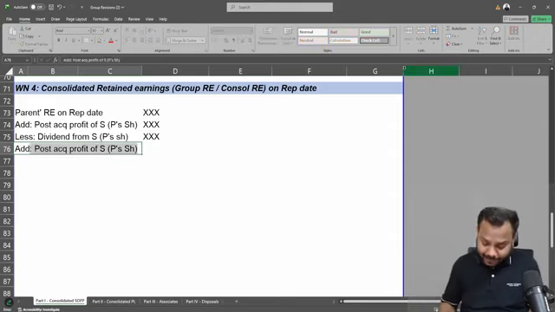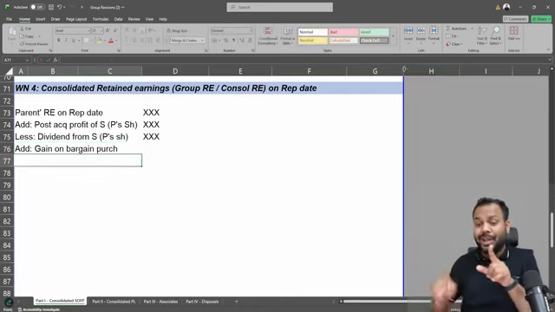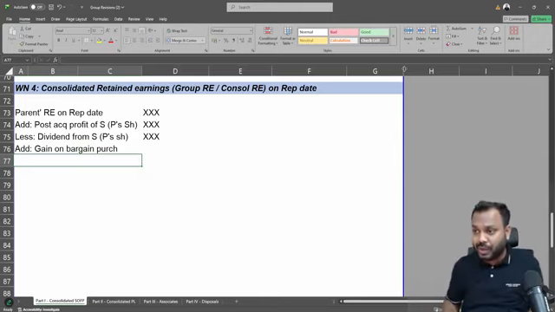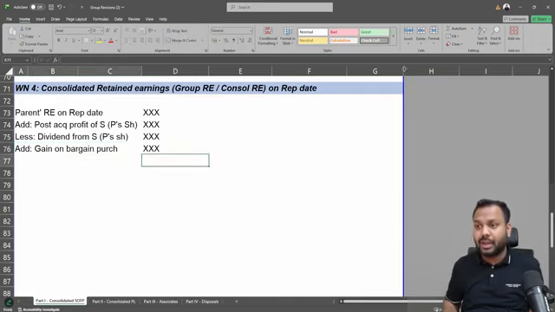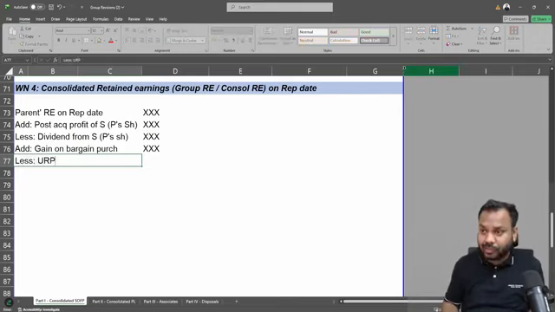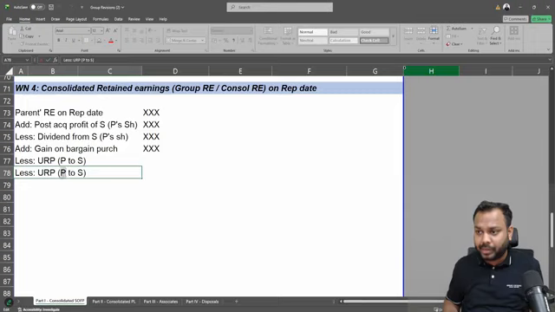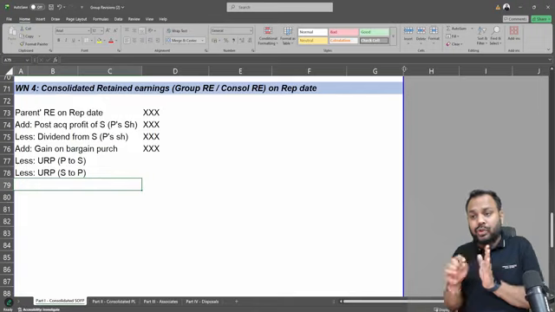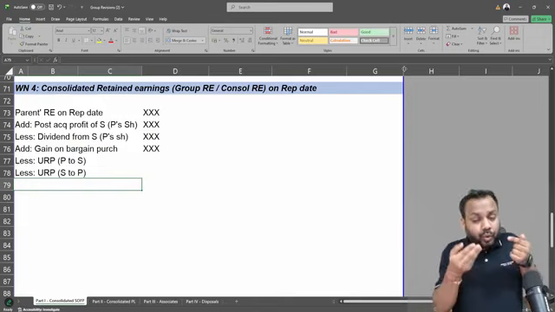Now what else? Add gain on bargain purchase. If it was goodwill, we would have reported it on the face of SOFP. But if it is gain on bargain purchase, we have to add it to consol RE. Then less unrealized profit, parent to S and subsidiary to parent. Which one will be adjusted here? If parent has sold the goods to subsidiary, who has earned the profit? Parent. So whose profit shall I reduce?